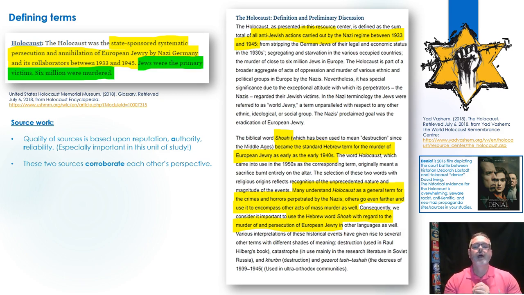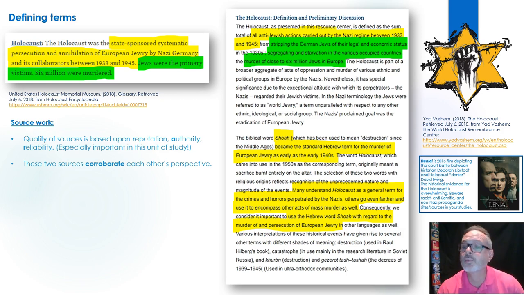Let's have a look and see if we can corroborate in reverse direction or on other points. US HMM says the Jews are the primary victims and 6 million were killed. The numbers are supported by another reputable source. It would suggest then that the information in the US HMM is representative of the information in other sources. I'd put to you that we could find similar information in other sources.